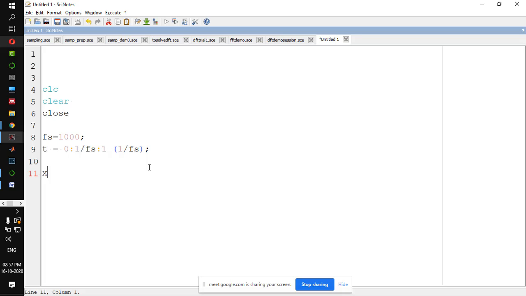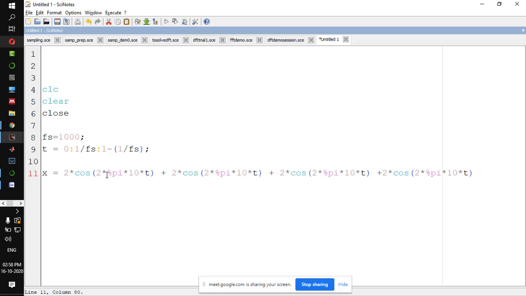Now I'll define the signal x of t equal to 2 times cos of 2 pi times, taking the first frequency as 10 hertz, so 10 into t. I'll add this to, let me copy this, Control C, Control V, and let me have 2 more just to give you an idea.